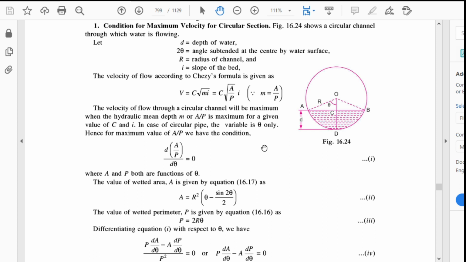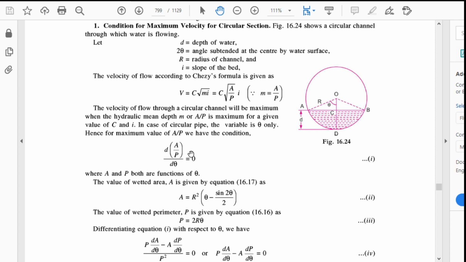Now this hydraulic mean depth is a function of theta. Why? Because the hydraulic mean depth contains A and P, that is area and perimeter. For the circular channel section, the area formula we have already studied and the perimeter is also already studied. Both the expressions have the theta variable.